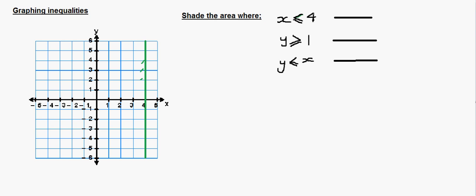Now I put in the next line. The next line is where y is greater than or equal to 1. So I go to where y is 1 and I put this line in, and I'm now only interested where y is greater than 1.